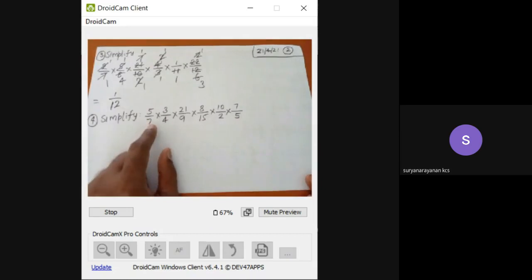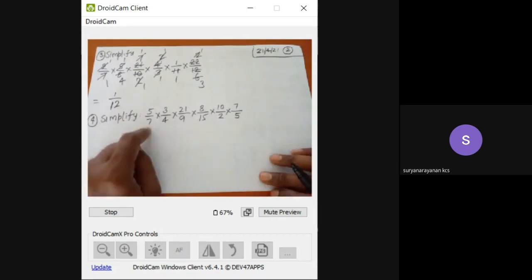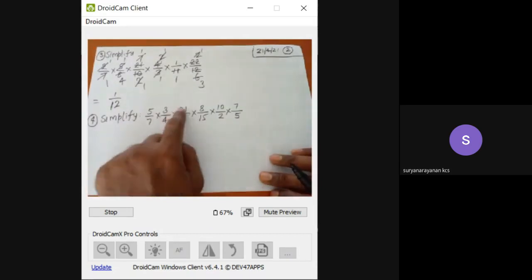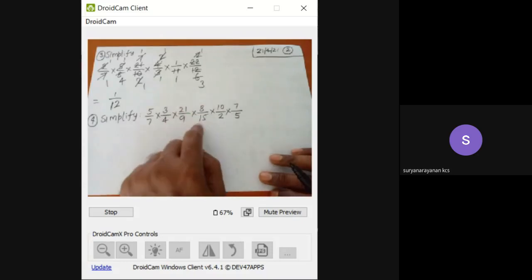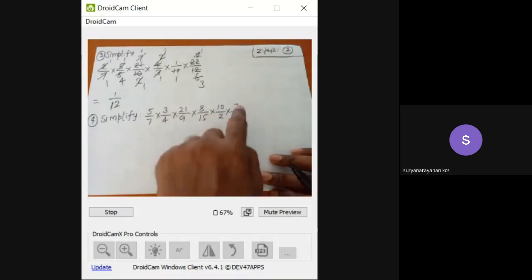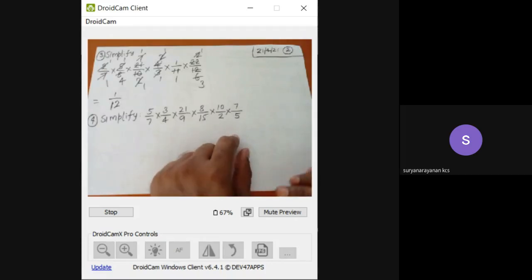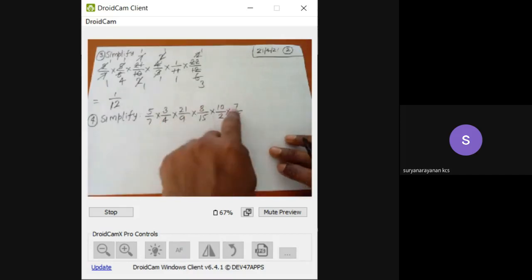See this question, my dear children. 5 by 7 into 3 by 4 into 21 by 9 into 8 by 15 into 10 by 2 into 8 by 5. How do you multiply these fractions? Will you multiply all the numerators?